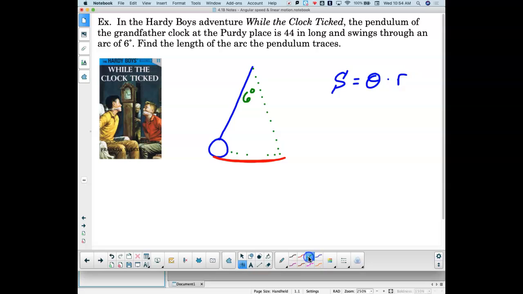So 6 degrees, what do I multiply that by? Pi over 180. That's going to be my theta. Oops, that should be an equals there. What's my radius? 44.